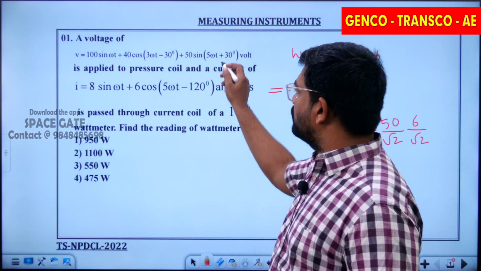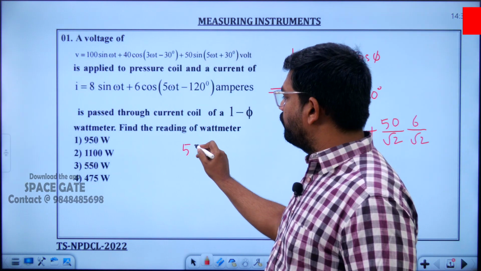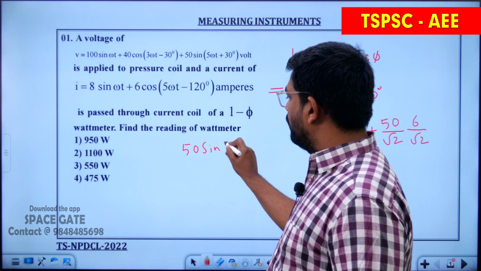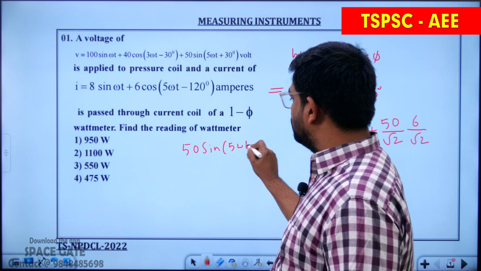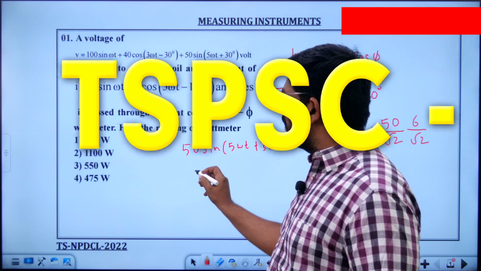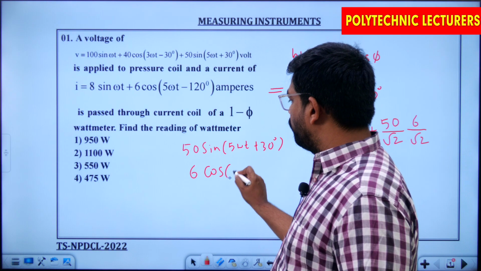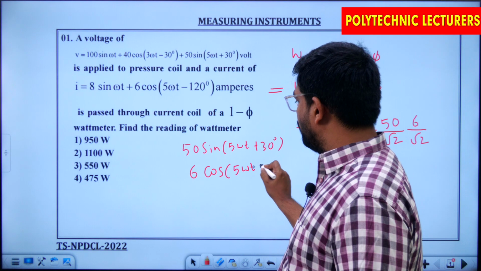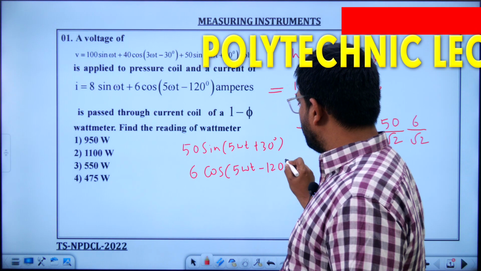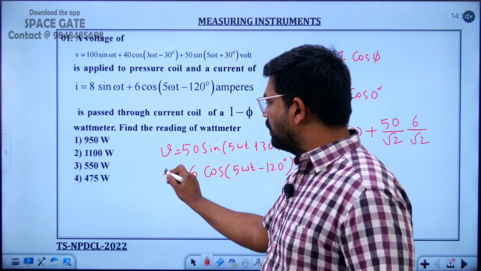Now what is the phase angle here? Observe the voltage expression for the fifth harmonic: 50 sin 5 omega t plus 30 degrees, right or not? Looking at the fifth harmonic component of the current: 6 cos 5 omega t minus 120 degrees, right or not? This is the voltage and this is the current.